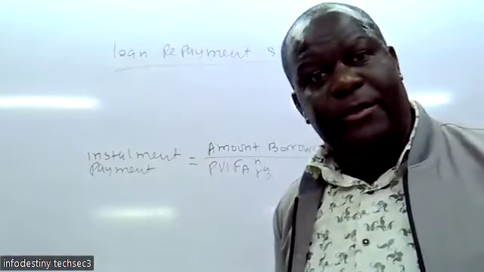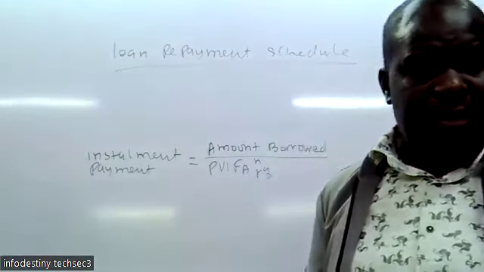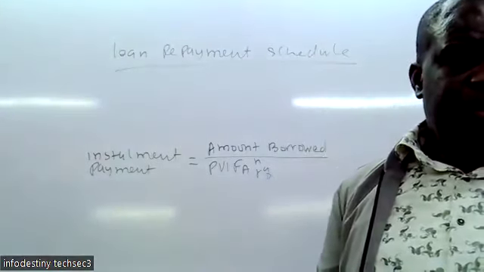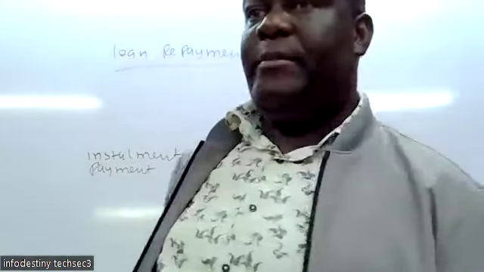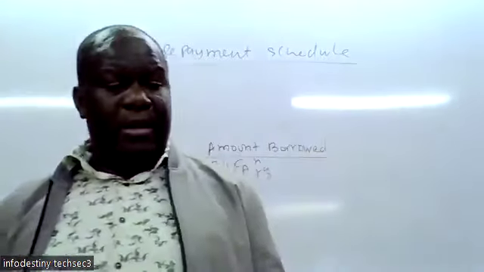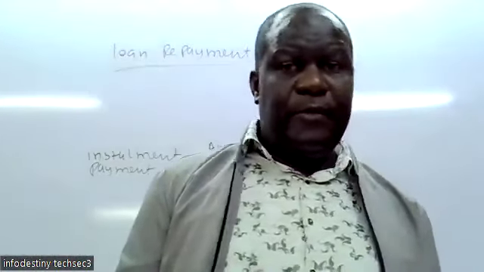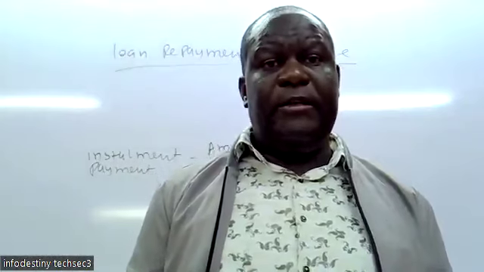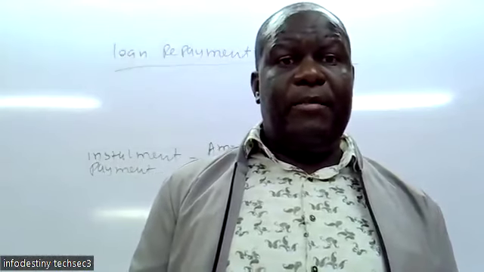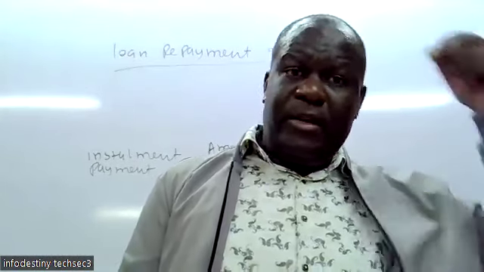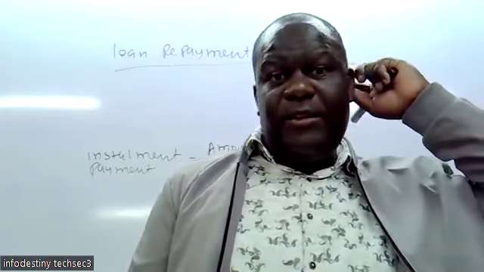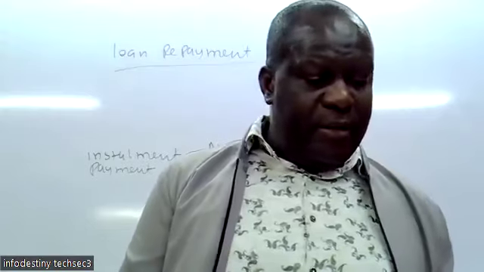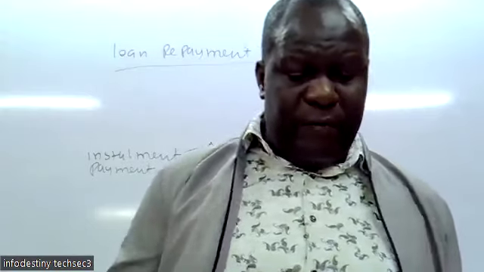Number one is the principal amount. Number two will be the interest per period. So that is what we should be able to have.